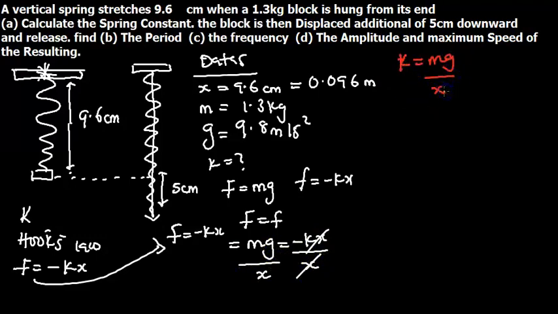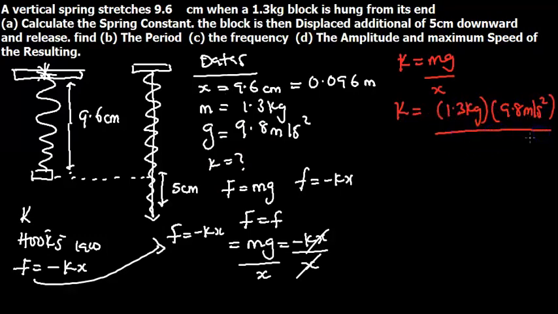So our spring constant K equals m, which is 1.3 kilograms, multiplied by 9.8 meters per second squared, which is gravity, divided by x, which is the displacement.